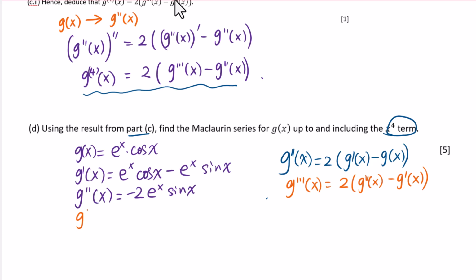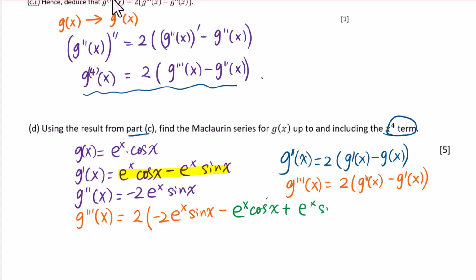So g triple prime of x equals 2 times g double prime of x, which is negative 2 e to the x power sine x, minus g prime of x, which is this. Minus, we need to change sign, e to the x power cosine x plus e to the x power sine x.